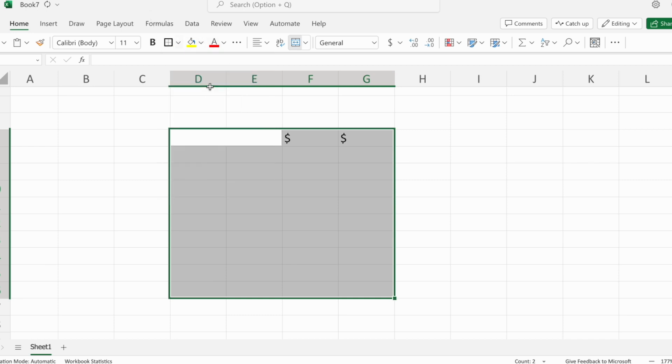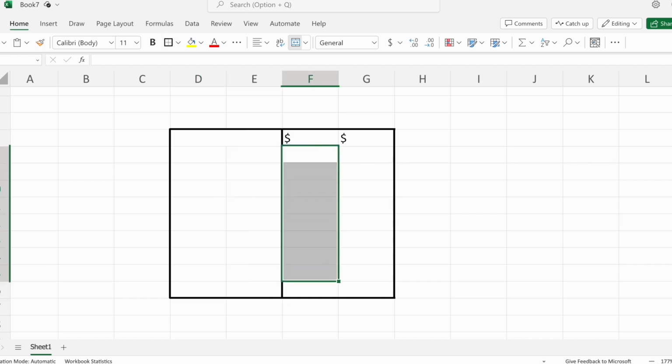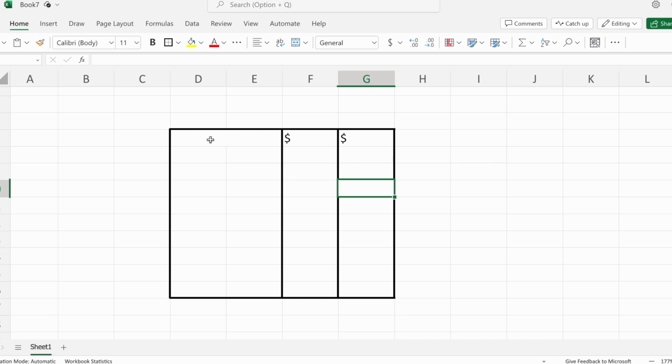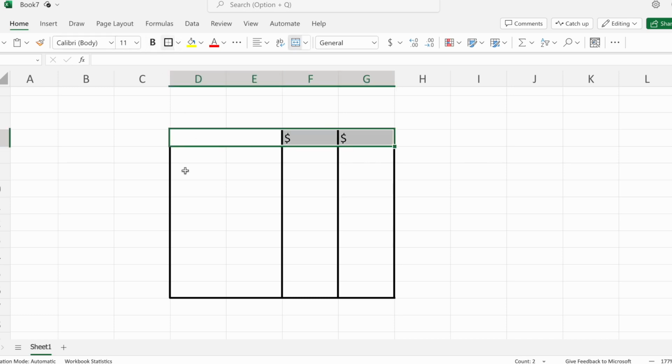We will add some borders. Okay. Alright.